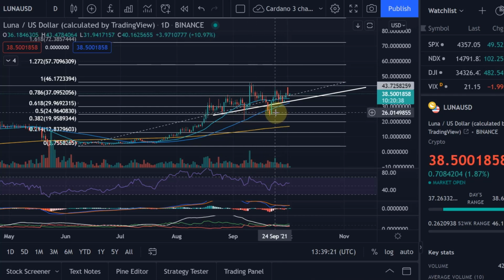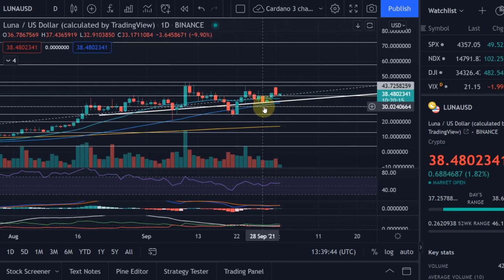And after the high, we came down again, but we only came down to the 0.5 Fibonacci retracement level, so not that far. And after that, we made another high, but a lower high actually. So we made a lower high and a higher low, came down to that trend line, and again very close to the 50-day moving average.